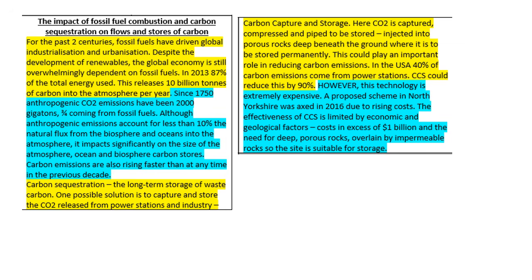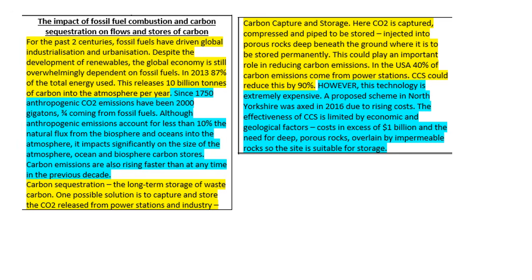So we need to be able to talk about the impact of fossil fuel combustion and carbon sequestration on the flows and stores of carbon. So we have been completely dependent on fossil fuels to drive global industrialization and urbanization. And even though we're getting there with renewables, our global economy is still overwhelmingly dependent on fossil fuels. We release 10 billion tonnes of carbon into the atmosphere every year.